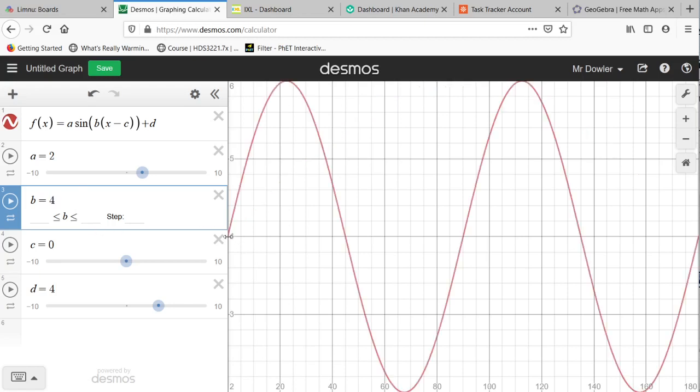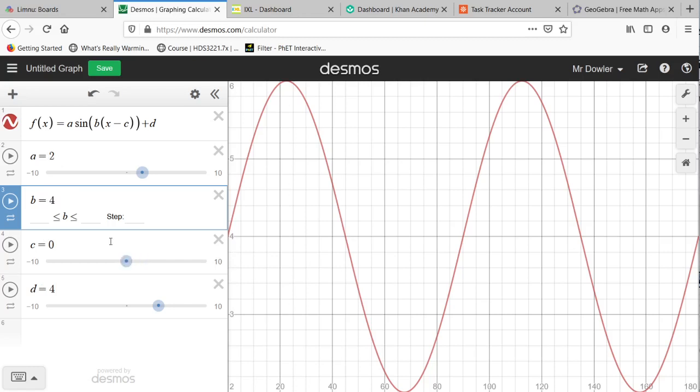This is our function: period of 90, maximum of 6, minimum of 2, domain from 0 to 180, and a y-intercept of 4. So we have a is 2, b is 4, c is 0, and d is 4.